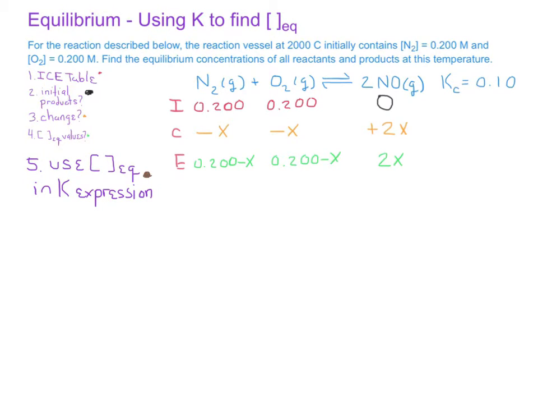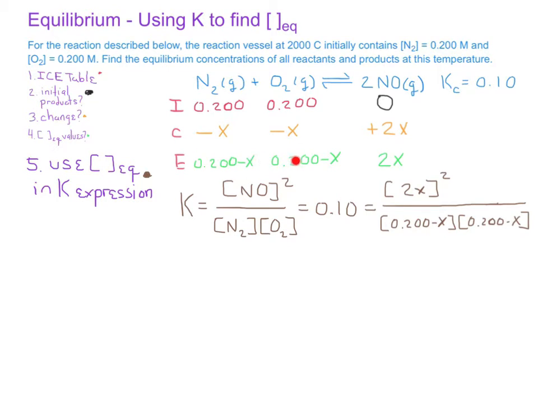Next, we'll want to substitute the equilibrium concentrations we just wrote down into the equilibrium constant expression. We start by writing the equilibrium expression, and in this case, remember that the nitrogen monoxide has a coefficient of 2, so we'll square that concentration. We also already know the value of the equilibrium constant, so we include that as well.